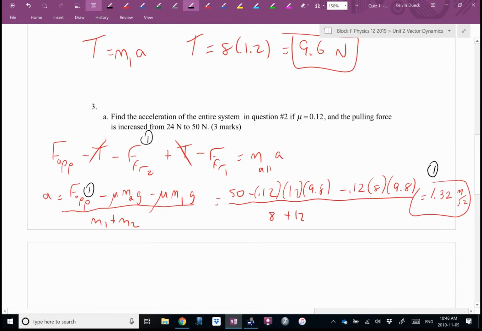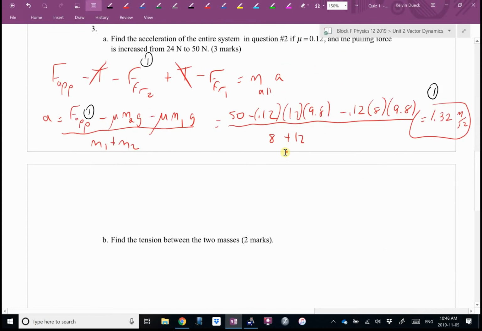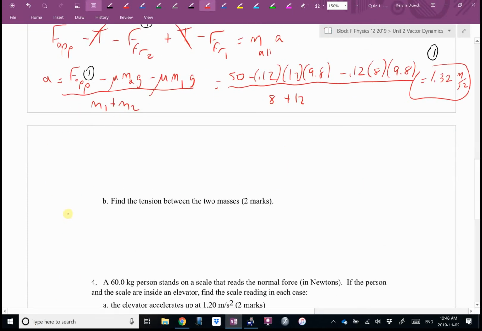Find the tension between the two masses. I'm going to use mass 1 because there's only 2 horizontal forces. Mass 2 is yuckier. So I'm going to go tension minus friction force 1 equals M1A. Tension is going to be M1A plus friction force 1.